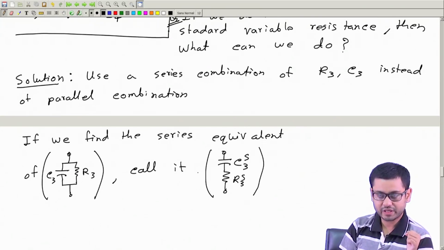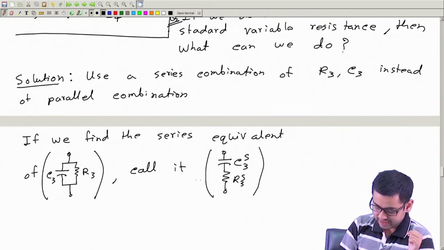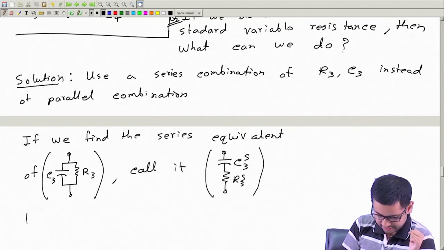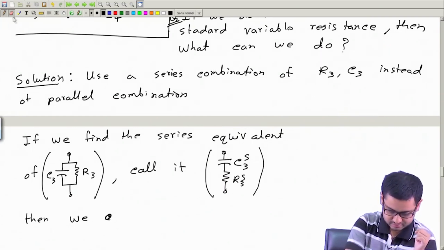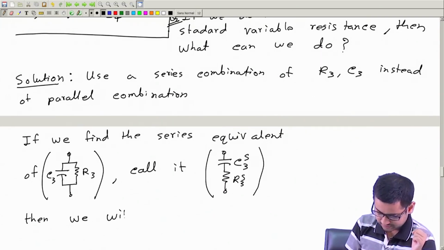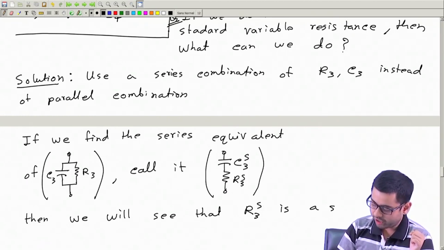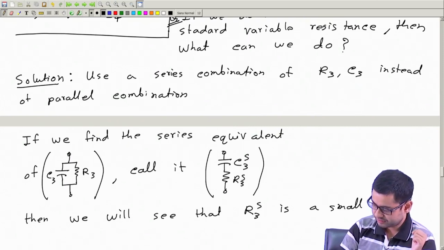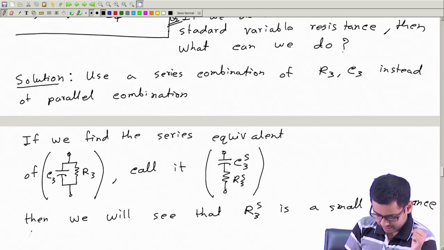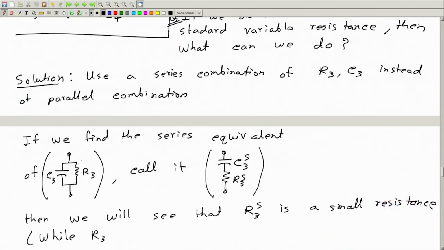So, if you do that, we did it yesterday, then if you find the series equivalent of this, we will see that R3S is a small resistance, while R3, I mean this parallel combination, parallel equivalent is a high resistance.